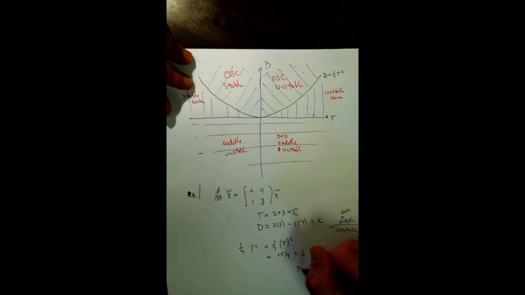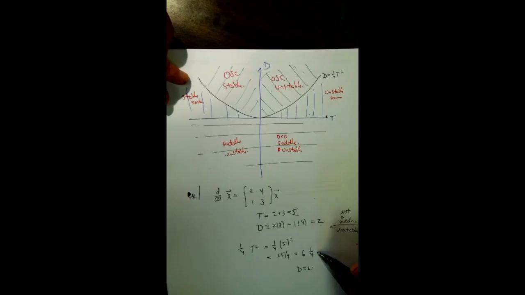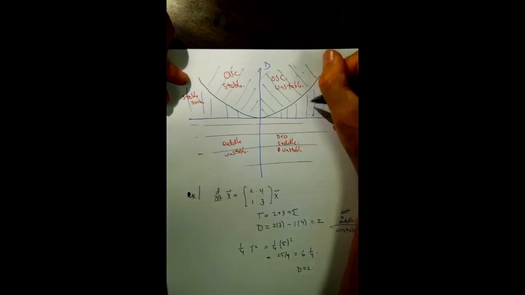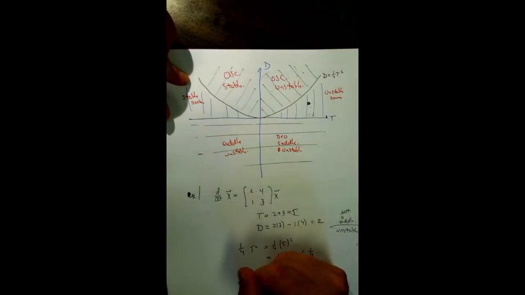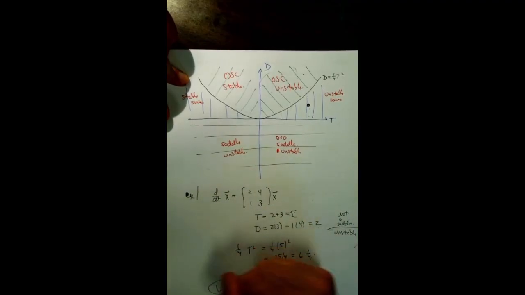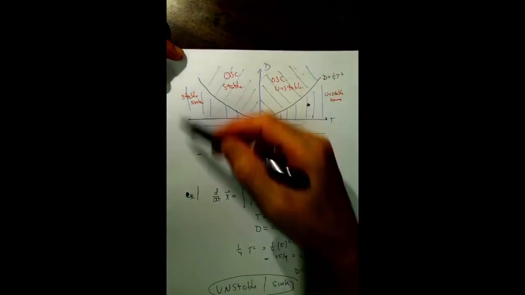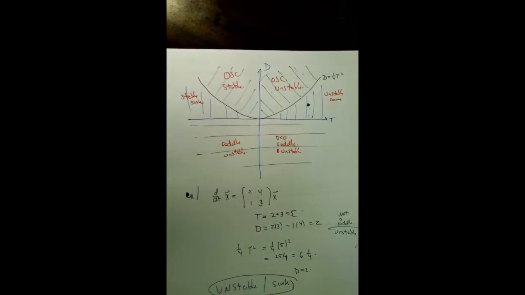And D is 2, so 2 is less than 6 1/4. So that means I'm somewhere in here. So this is an unstable sink. And the only thing I did was take a trace and the determinant, and knowing the trace determinant plane, I can tell you exactly what's going to happen for the stability of this awful thing.